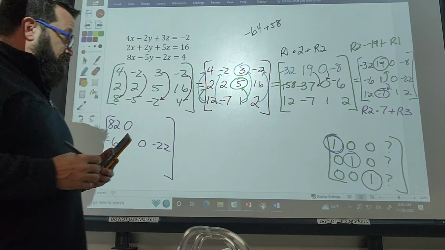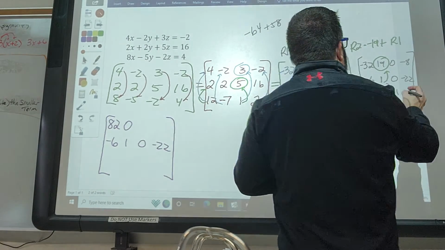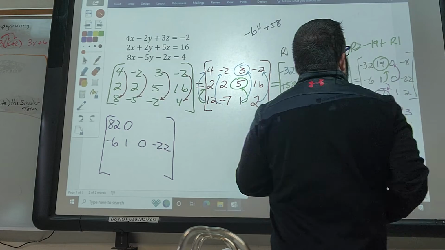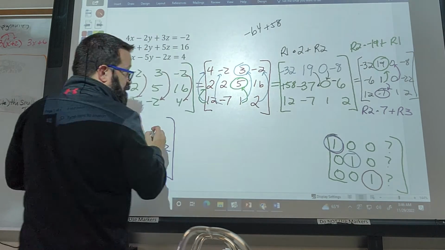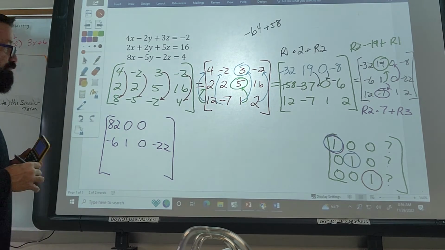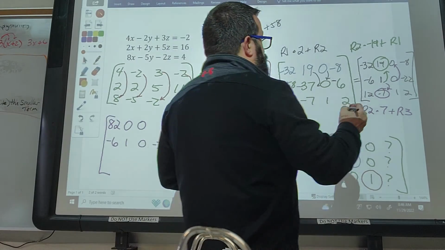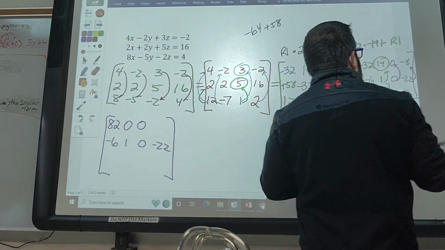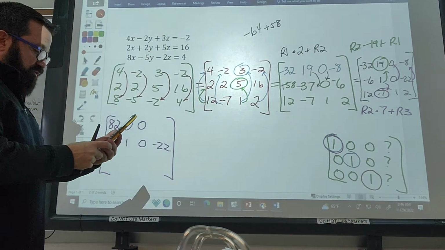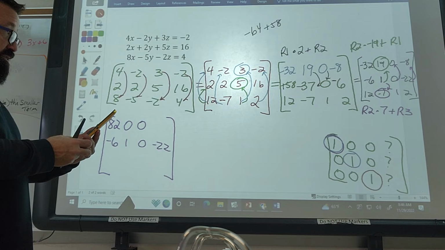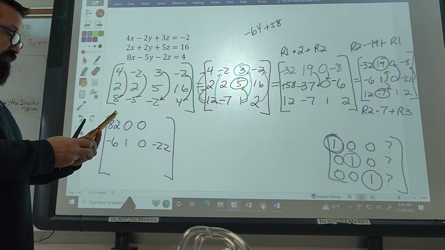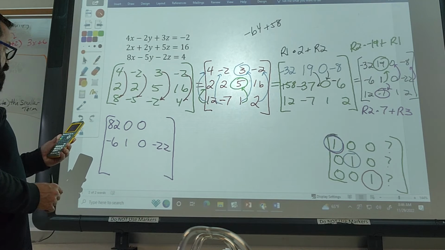Okay. So now I take this 0 times negative 19 and add it to 0. That's still a 0. And then I have to take this negative 22. Negative 22 times negative 19, and then add the negative 8, and that comes out to be 410.